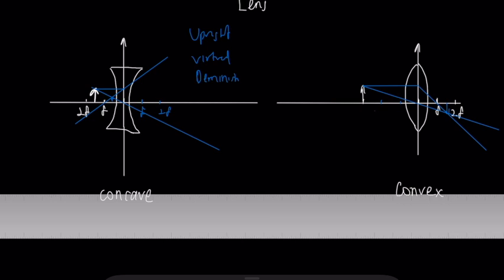So when the object is in front of the center, at 2F, it will produce an inverted image, and because it's inverted, it's real. And because it's smaller than the object, it's diminished.